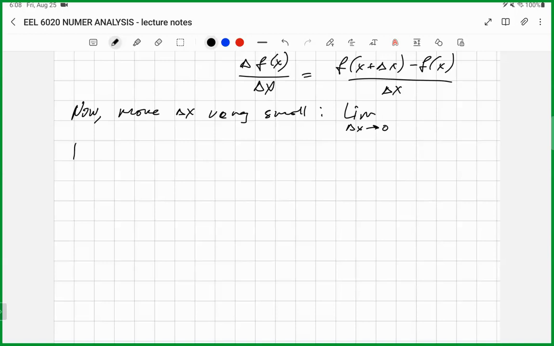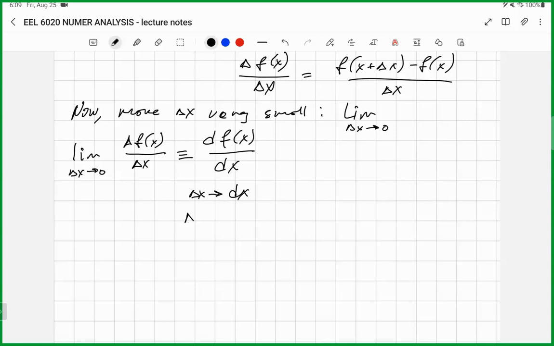So I write the limit as delta x goes to 0 of delta f over delta x, and this is nothing but the definition of the derivative df over dx. When you turn delta x to 0, delta x becomes dx and delta f becomes df. So this is the definition of the derivative.